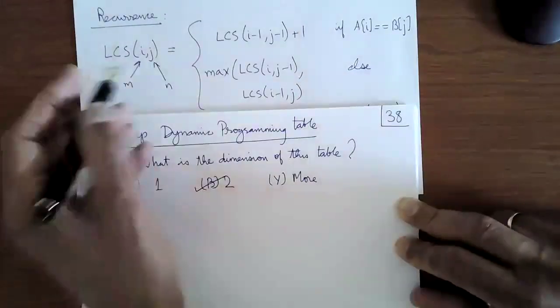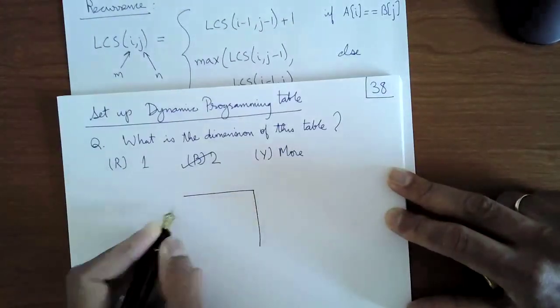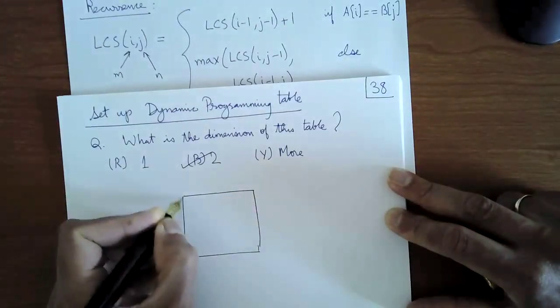And why are there 2 dimensions? Because there are 2 arguments here, for m and n. And so here is how the dynamic programming table looks like.